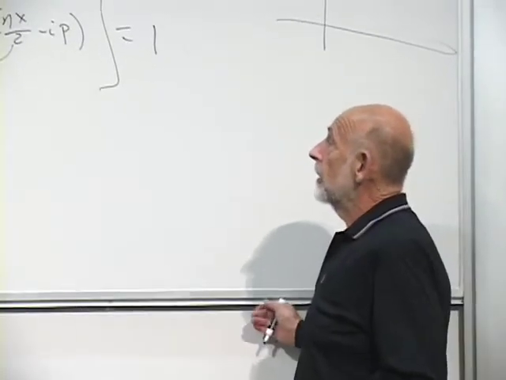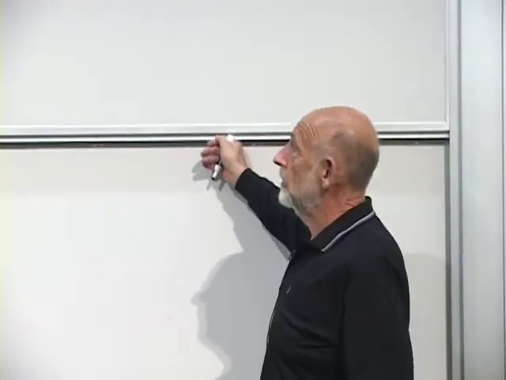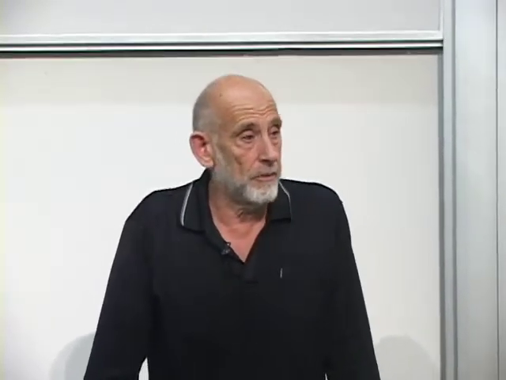How many components, or let's say states, does a system of spin J have? Let's start with spin 0. How many states? 2J plus 1. So spin J has 2J plus 1 states.